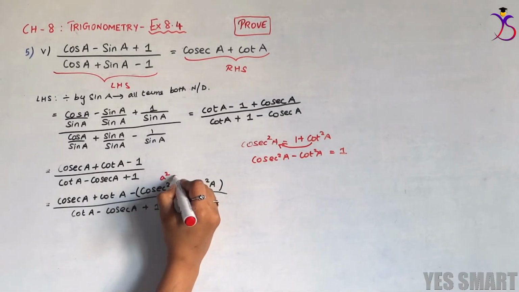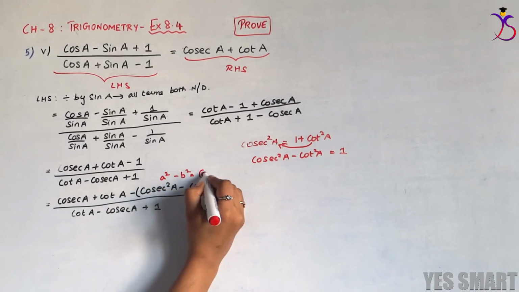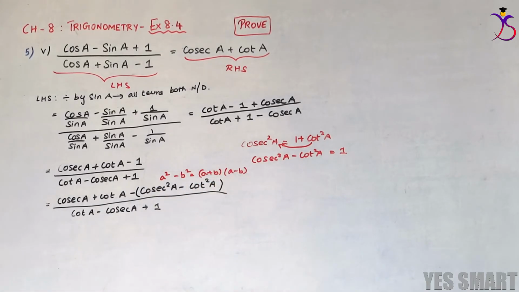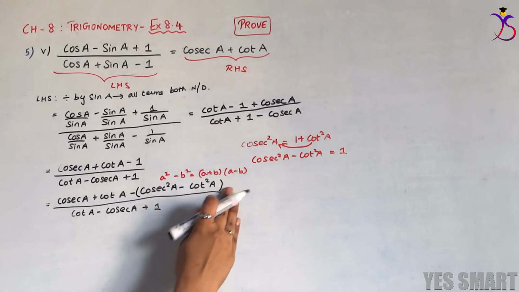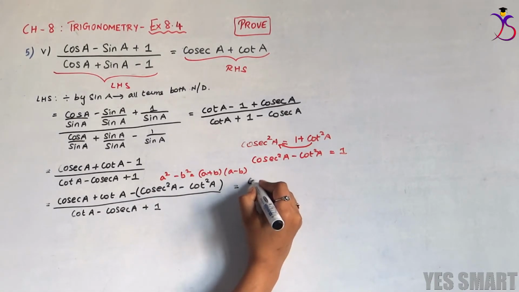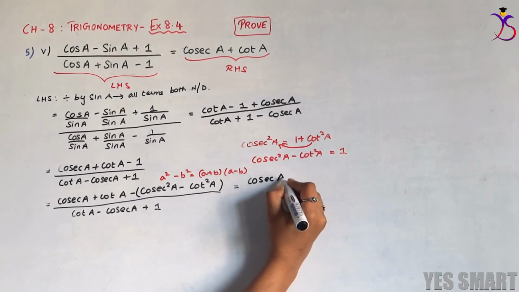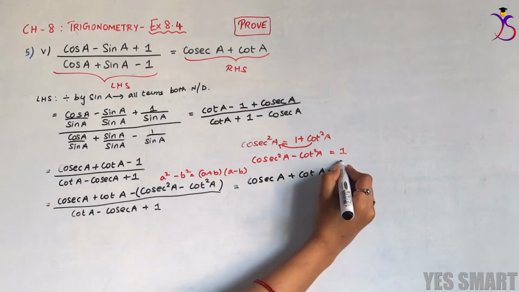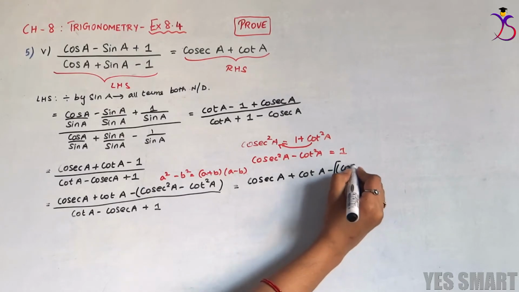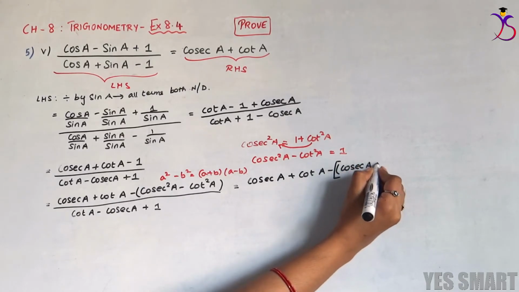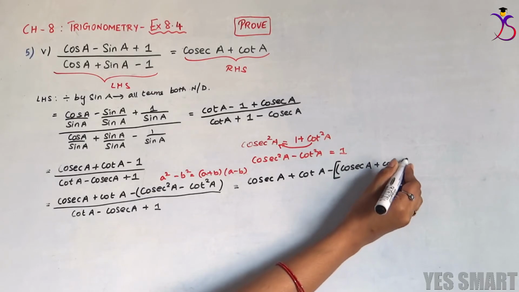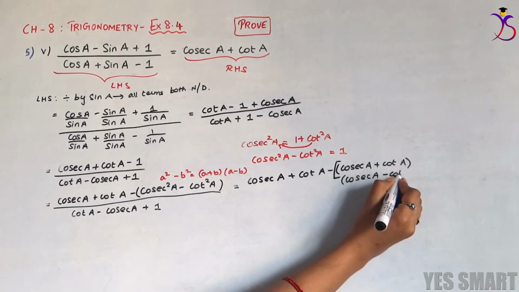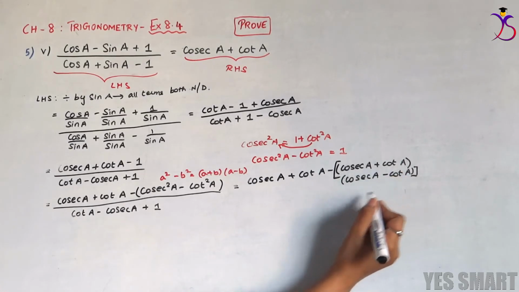Now the term in the numerator is in the form of a square minus b square, which is equal to a plus b into a minus b. Hence on expanding the numerator using this identity, cosec A plus cot A remains the same, minus a plus b, cosec A plus cot A, into a minus b, cosec A minus cot A, divided by the denominator which remains the same.